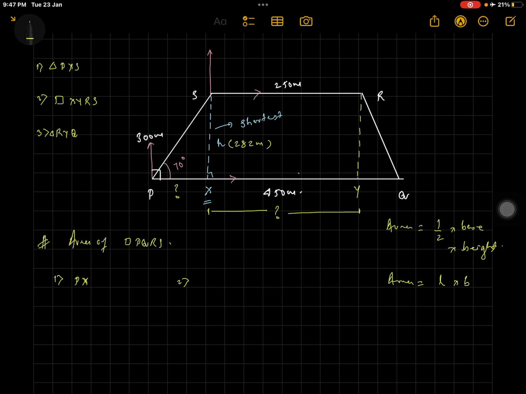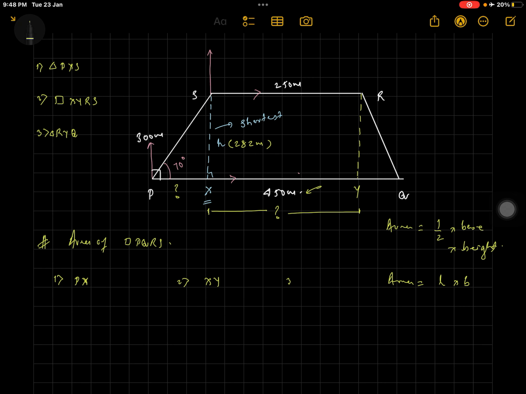So remember that this 450 meters that I have placed over here is the total length PQ right across. It is not XY. So my plan is to find XY, but I need to find a way to do that.